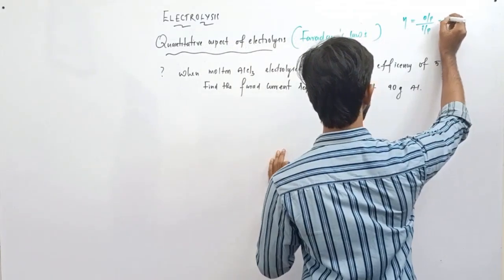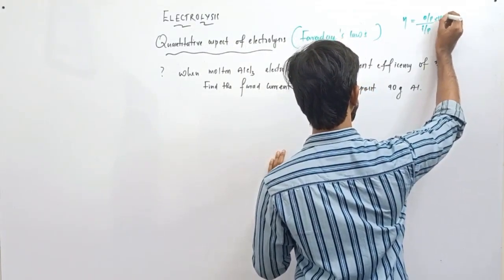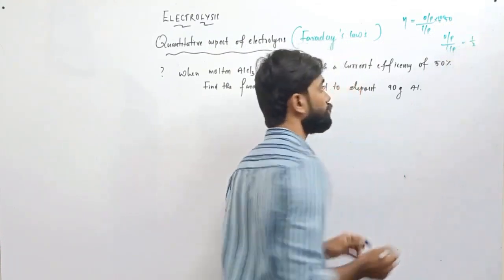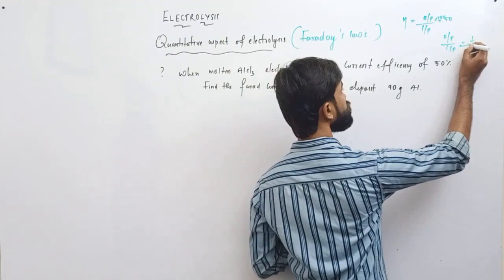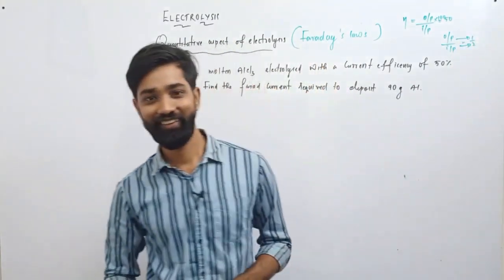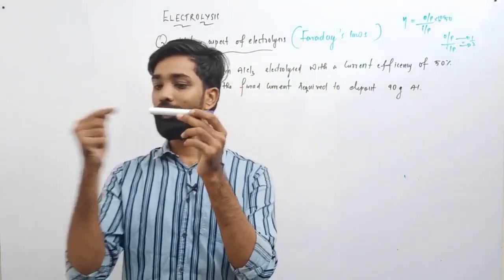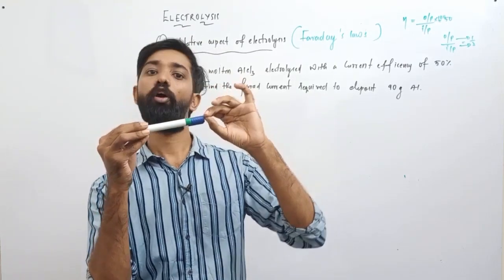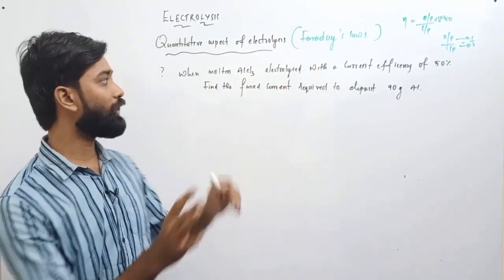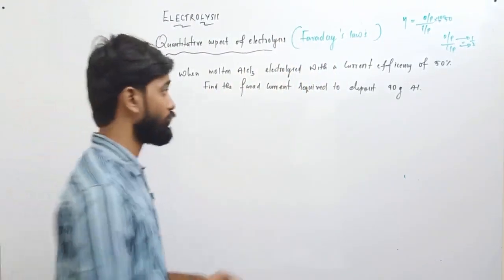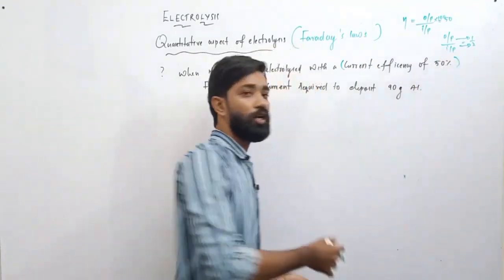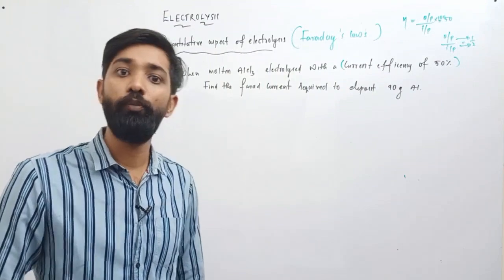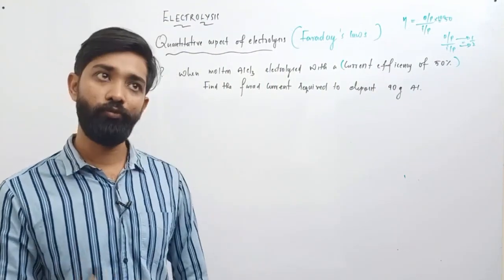For 50% efficiency, output by input is 1 by 2, which means if input is 2, output is 1. That is the concept. If we supplied 2 amps current here, we obtain the output as 1 ampere. That is the meaning of 50% current efficiency. Half of what we supplied will be used, or half we obtained.